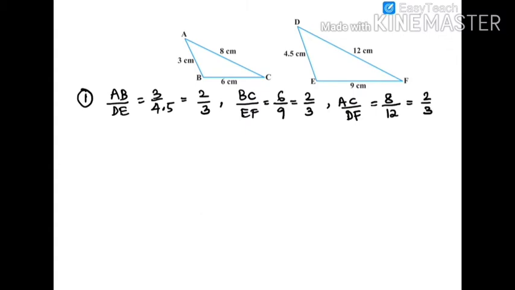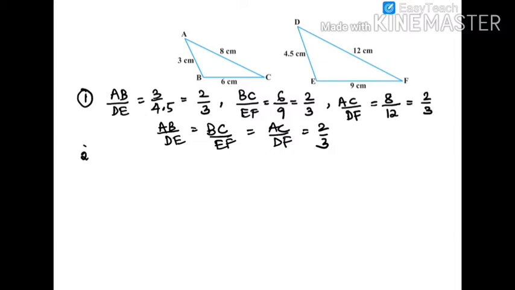So we see that all these ratios are 2:3. So we can write AB upon DE is equal to BC upon EF is equal to AC upon DF. So all corresponding sides of these two triangles are proportional.